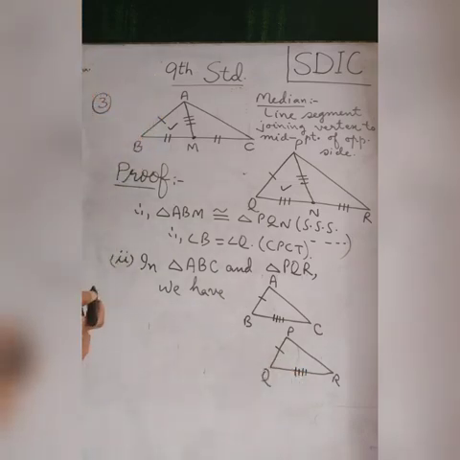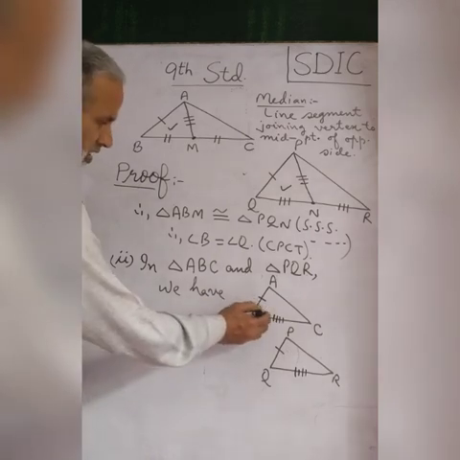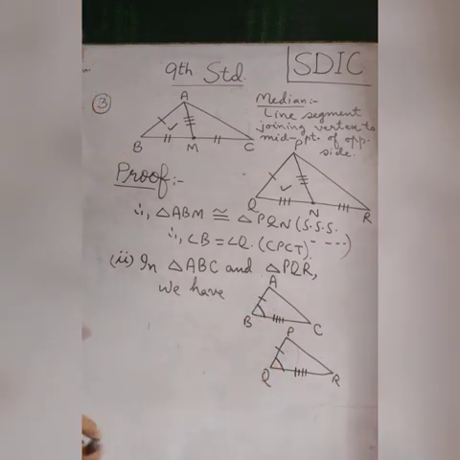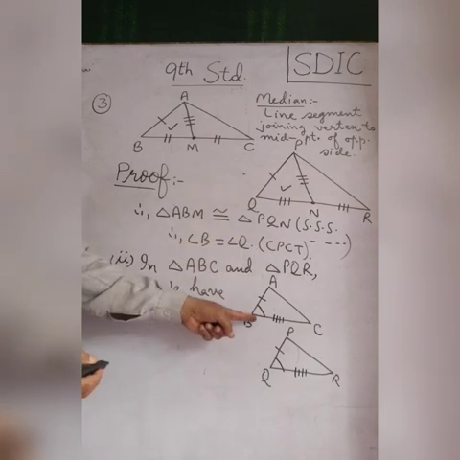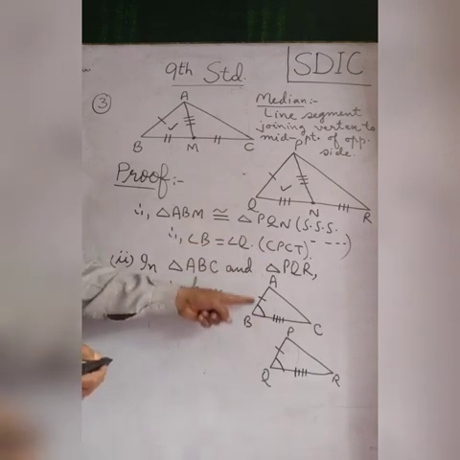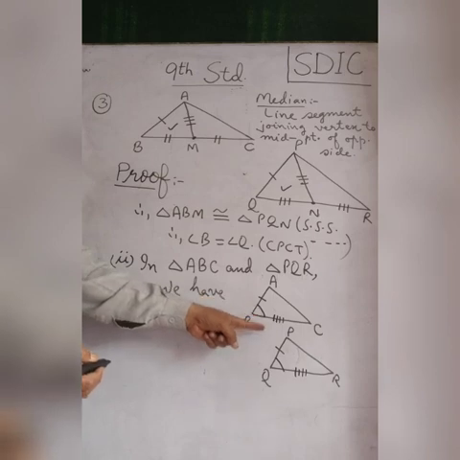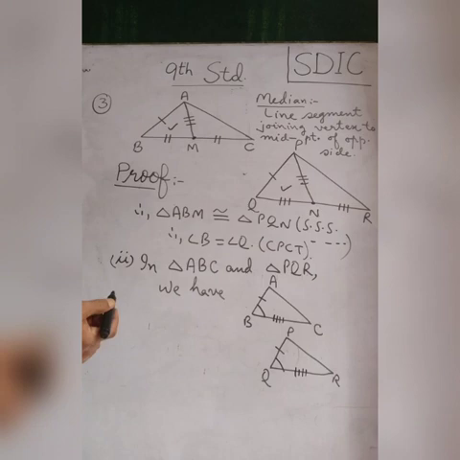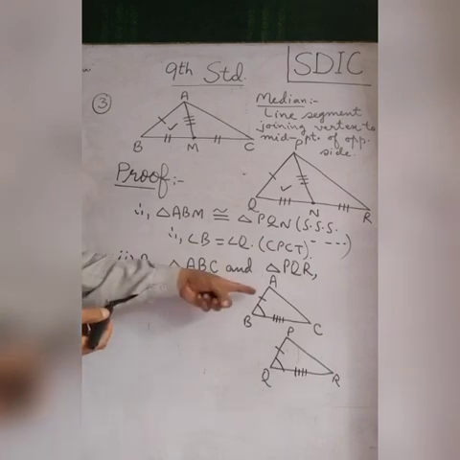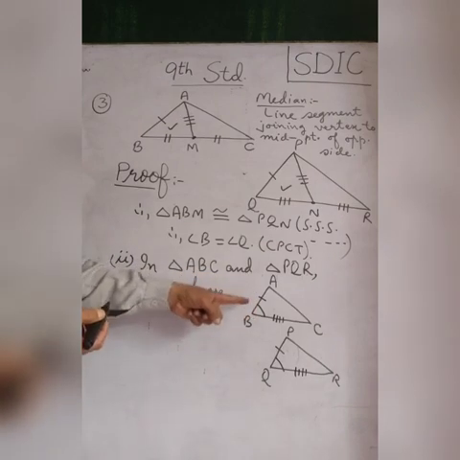It is given to us. And then their included angles, angle B and angle Q, we have just now proved. That CPCT result is the included angle. Two sides and their included angle of one triangle are equal to corresponding sides and included angle of another triangle. And that will help us to conclude that the two triangles are congruent. The congruency rule is SAS.